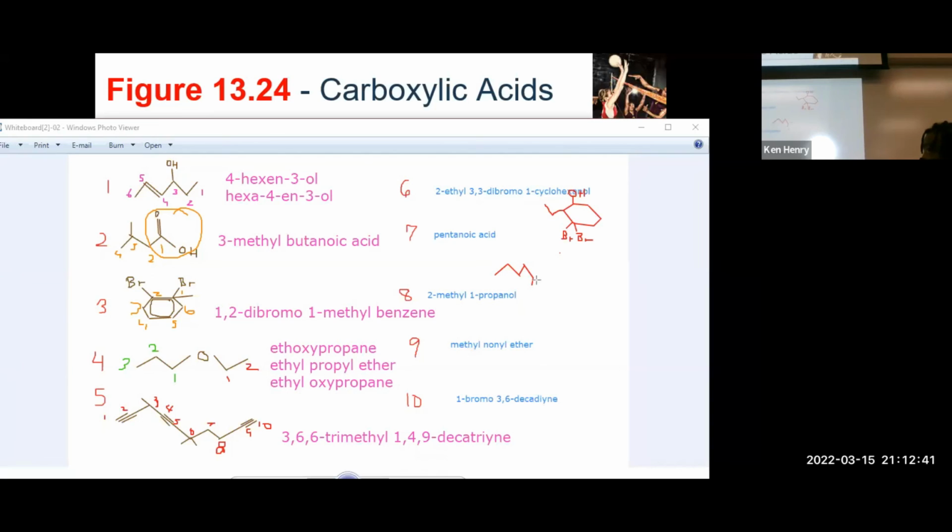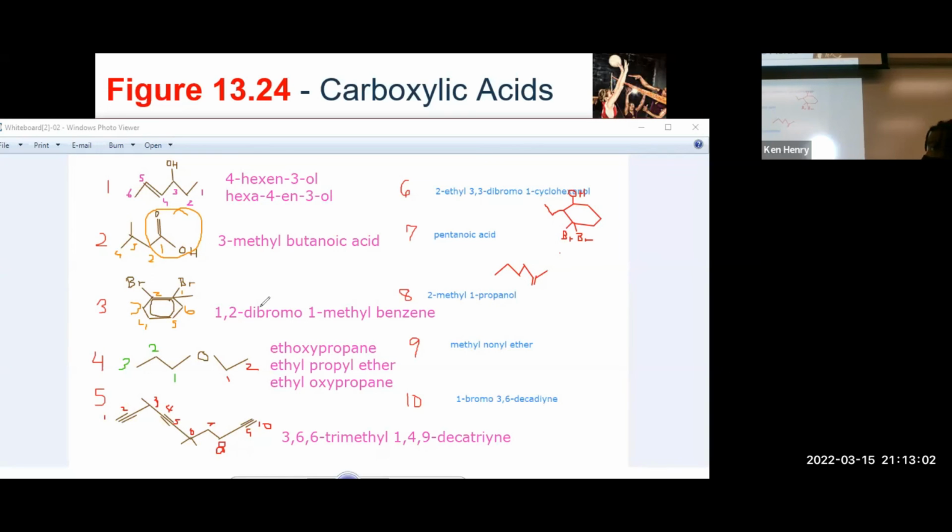And then we have an OH coming off the other side.